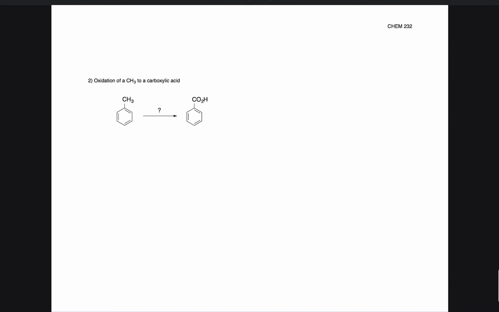So let's look at some more conditions here. Something else we can do is oxidize a CH3 to a carboxylic acid, right? We've kind of seen this with Grignard reagents, right? Attaching on CO2 to carboxylic acid with those Grignard reactions, right?